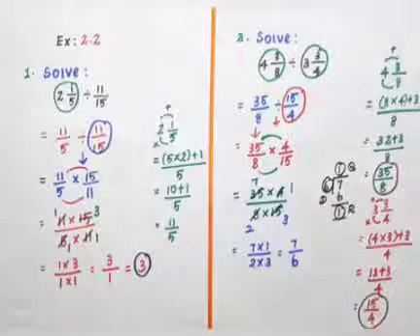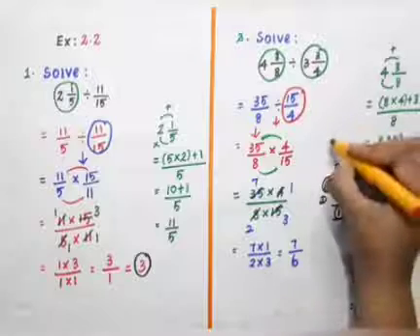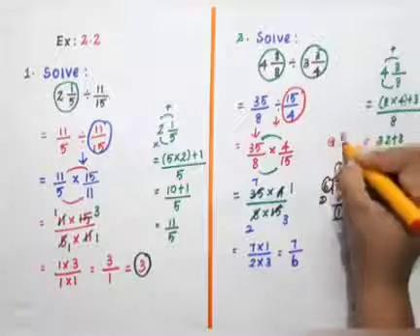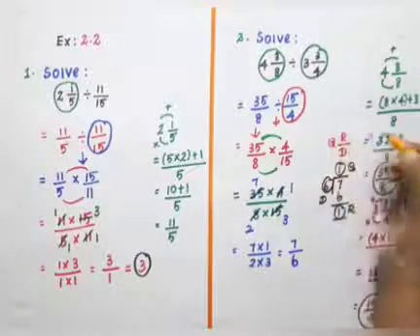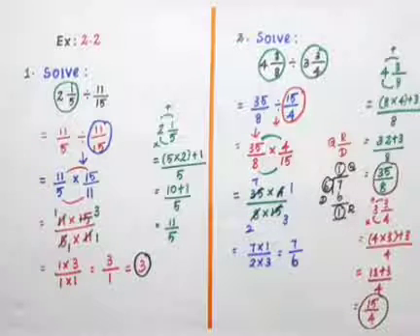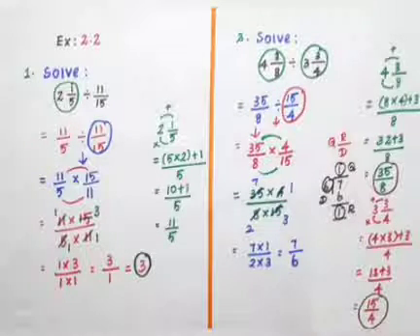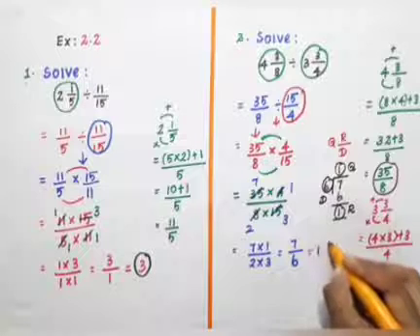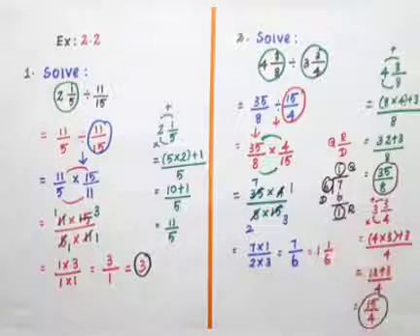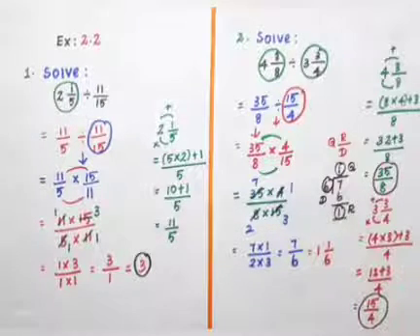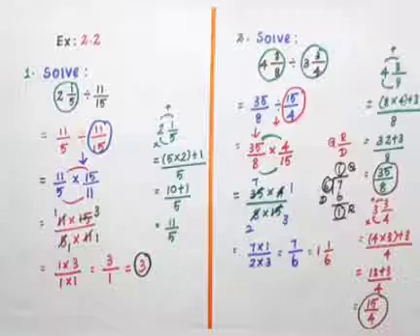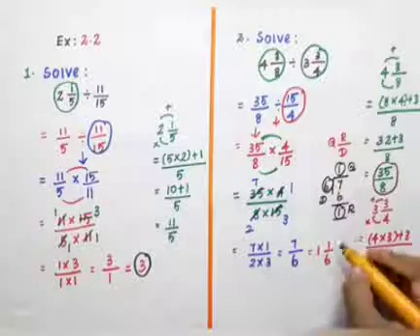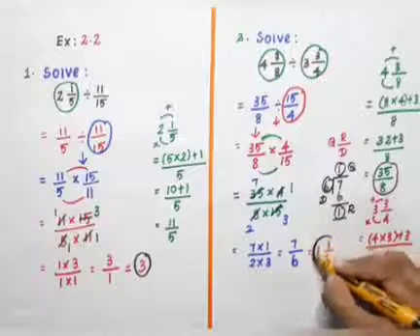We know that a mixed fraction can be written in the form Q R/D. Therefore, 7/6 can be written as 1 1/6. Therefore, 4 3/8 divided by 3 3/4 is 1 1/6.